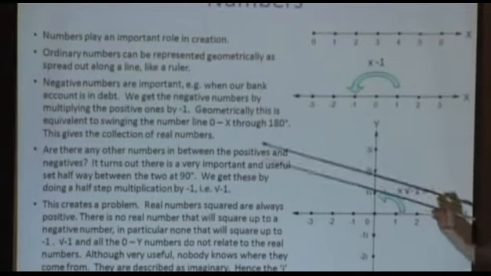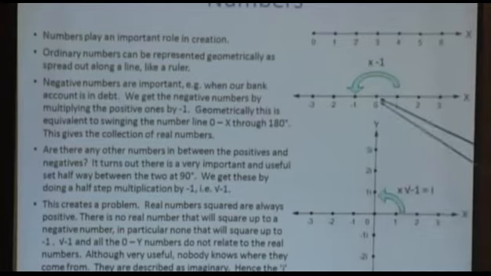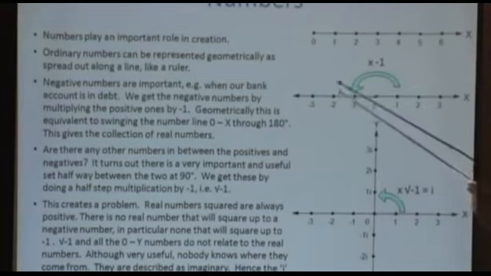Now, the negative numbers are important. They do play a role also. They are significant, for example, when we're in debt in the bank. We know all about negative numbers then. As we go further into debt, we go further into these negative numbers.